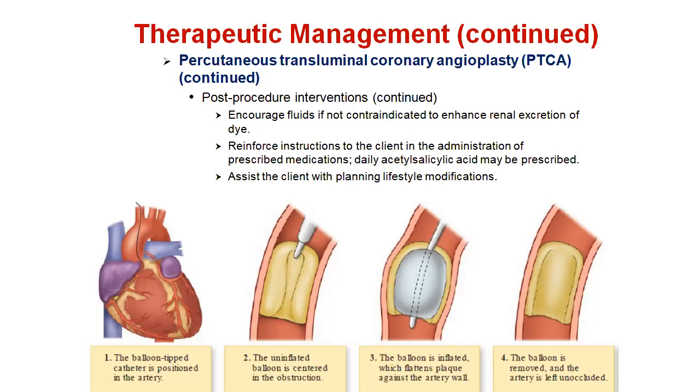Sometimes the patient develops some complication because of PCI, meaning percutaneous coronary intervention, or PTCA, percutaneous transluminal coronary angioplasty. What are the complications? Like arterial dissection or cardiac tamponade. What is cardiac tamponade? Cardiac tamponade means accumulation of fluid in the pericardial sac.